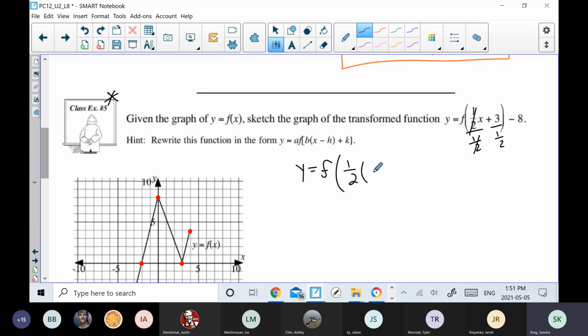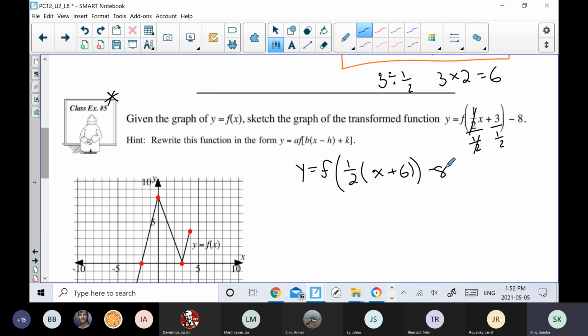That will cancel, and there's your X with a 1 in front of it, plus 3 divided by 1/2, right? 3 divided by 1/2 is the same thing as 3 times the reciprocal of 1/2, which would be 6. And then outside the bracket is a -8.